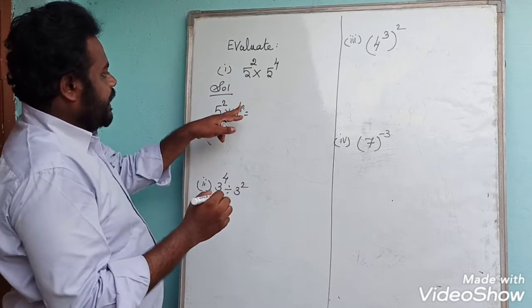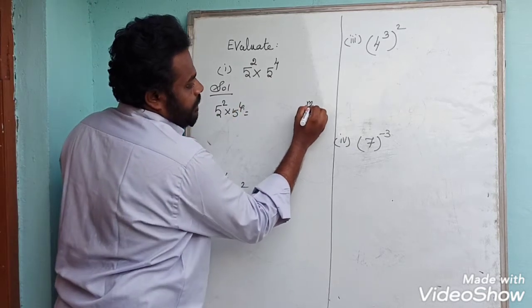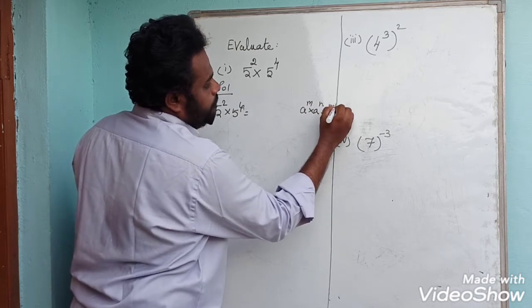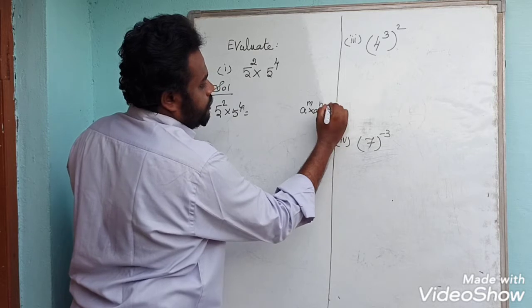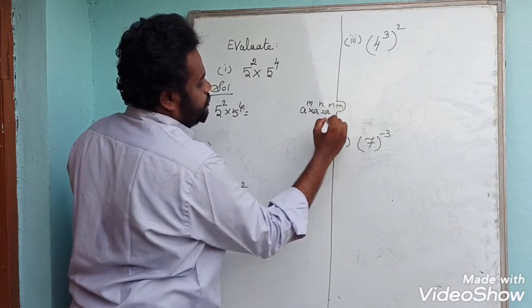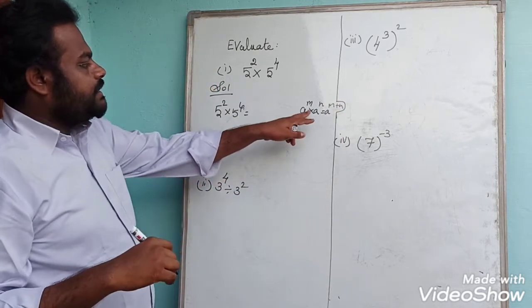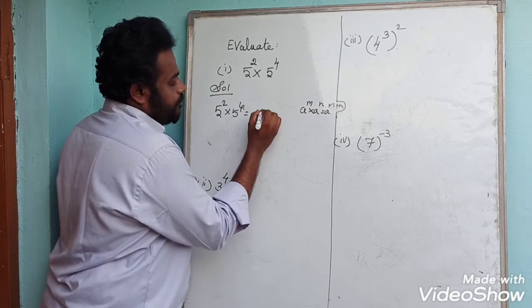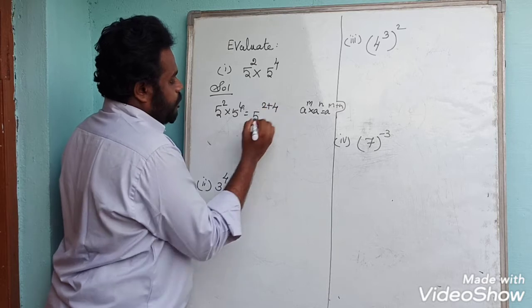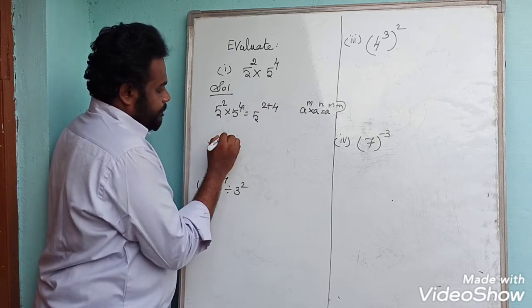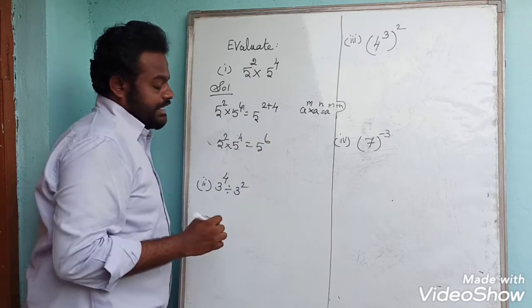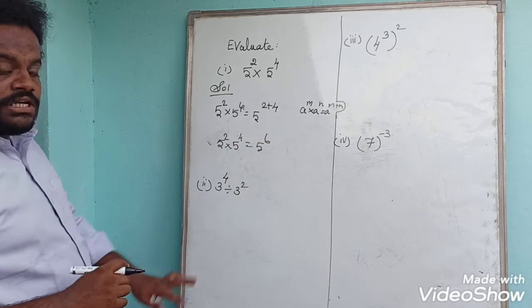This indicates a to the power m into a to the power n, which is equal to a power m plus n. The bases are the same, so we add the powers in multiplication. So 5 power 2 plus 4, therefore 5 power 2 into 5 power 4 equals 5 power 6.